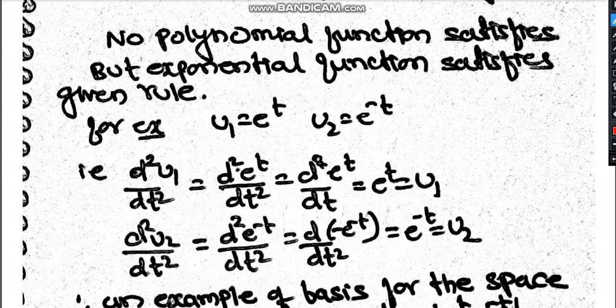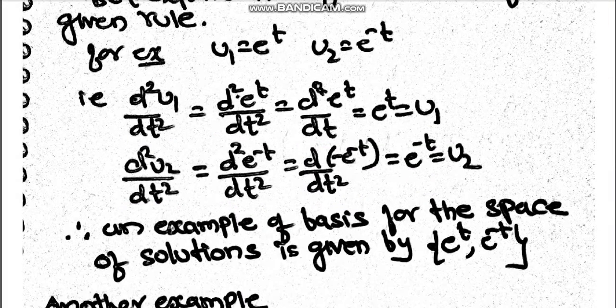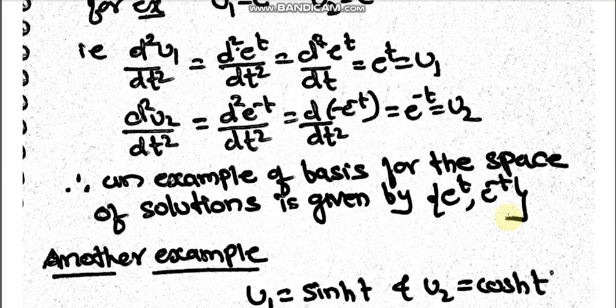So here, the double differentiation of this is e raised to t, giving 1, and here the double differentiation gives u itself. So when you differentiate the same function twice and get it back, you have the basis e raised to t and e raised to minus t.